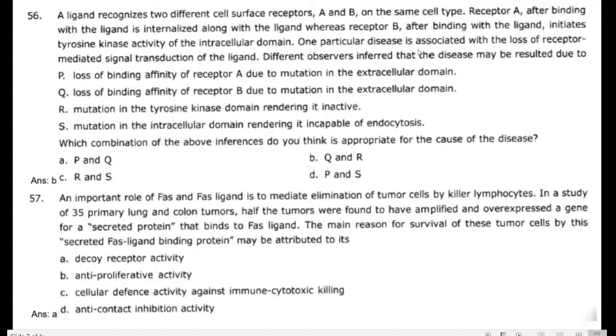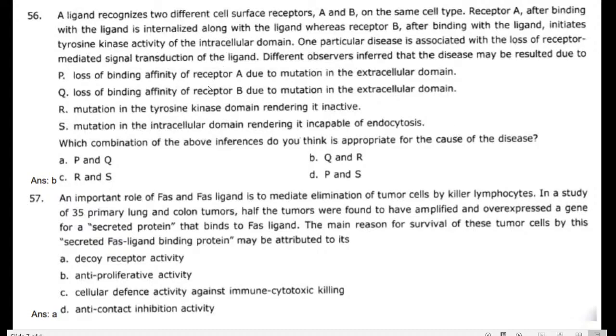One particular disease is associated with the loss of receptor mediated signal transduction of the ligand. Different observers inferred that the disease may result due to four reasons they provided. Among these four reasons, which combination of inferences do you think is appropriate for the disease? There are more reasons as well.